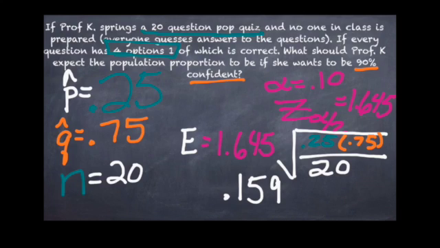So I'm going to round that to 2 decimal places because that's what we've got for our table. So we've got 0.16 as our error.